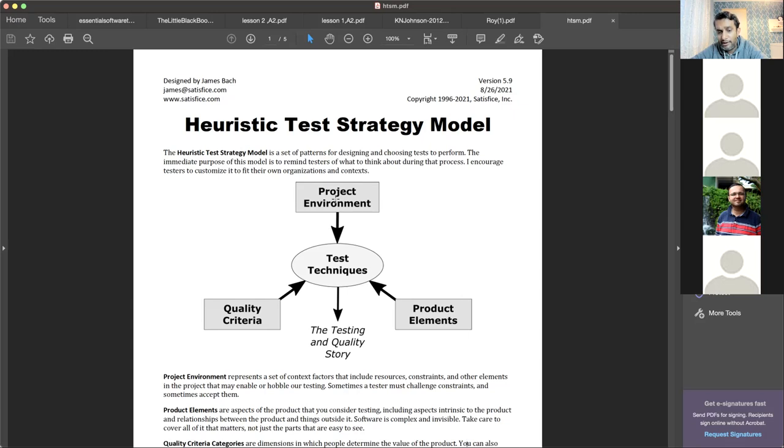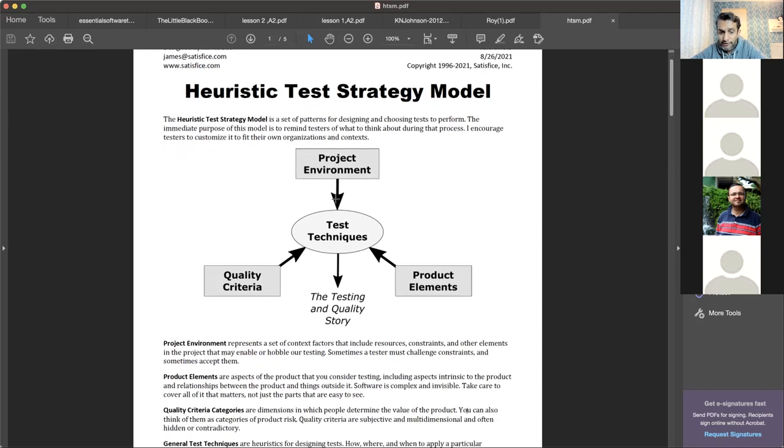It makes you think about the test techniques that you will be applying. It makes you think about the various aspects such as the project environment, the product elements that you'll be considering, the quality criteria that are critical to business.